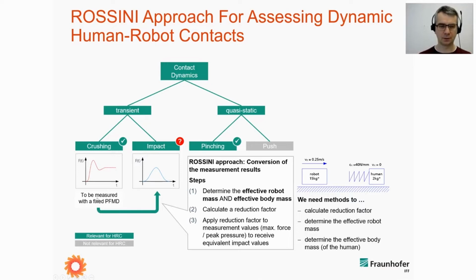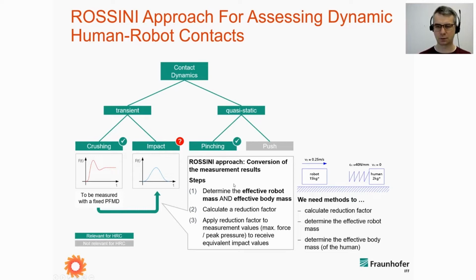This is exactly what we did in Rossini: we developed a conversion technique which allows us to transform the results received from crushing into the forces which reflect the impact case.